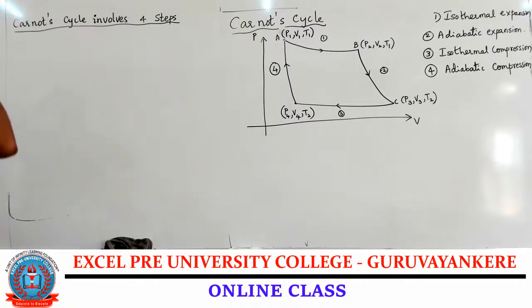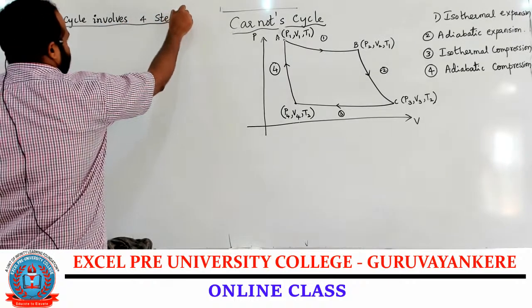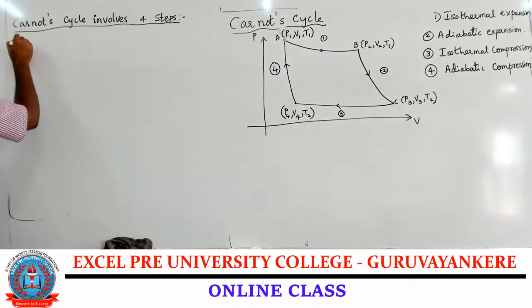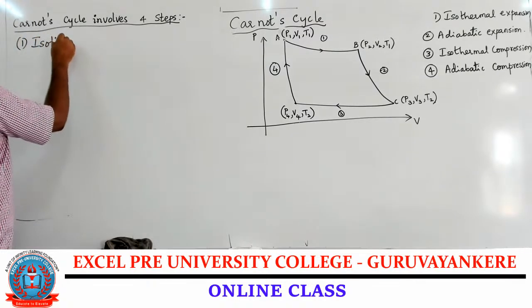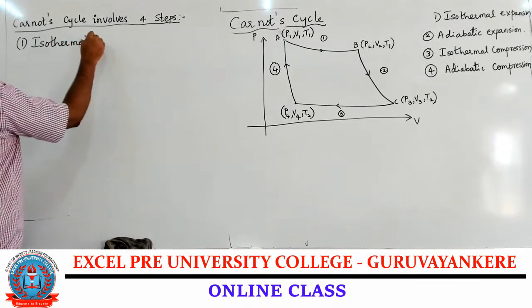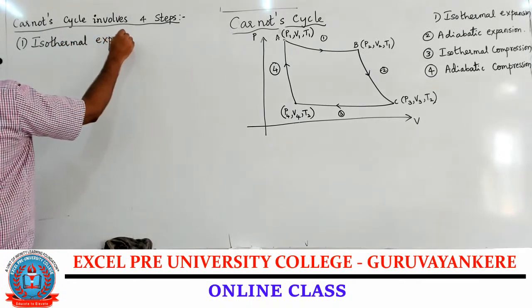What are the 4 steps involved in a Carnot cycle? First one is isothermal expansion.